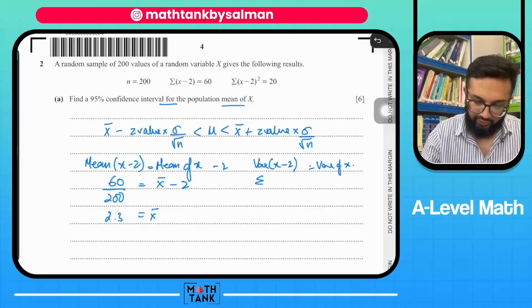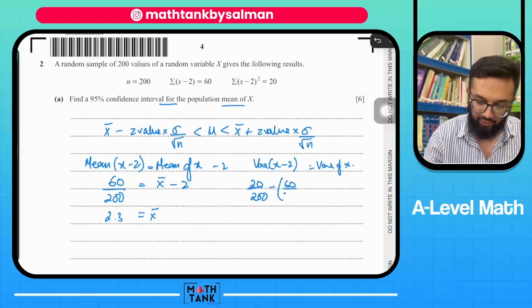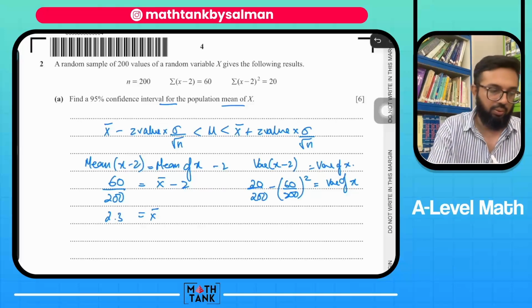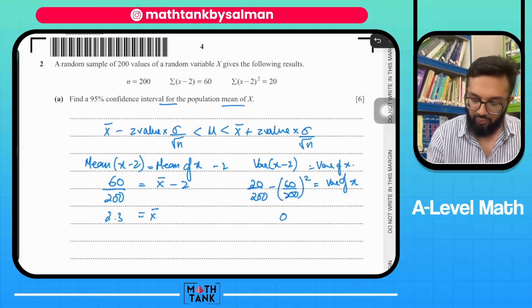Variance of x minus 2 is the same as variance of x. So that is the sum of x minus 2 whole square over 200, minus 60 over 200 squared. I'm applying the variance formula. I just want the variance of x. I am going to unbias it in a bit. So I'm getting 0.01 as the variance of x.